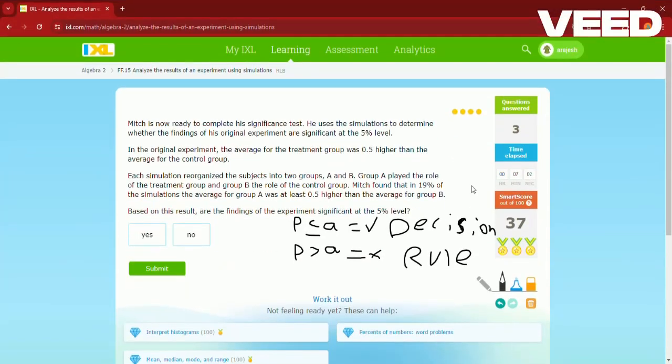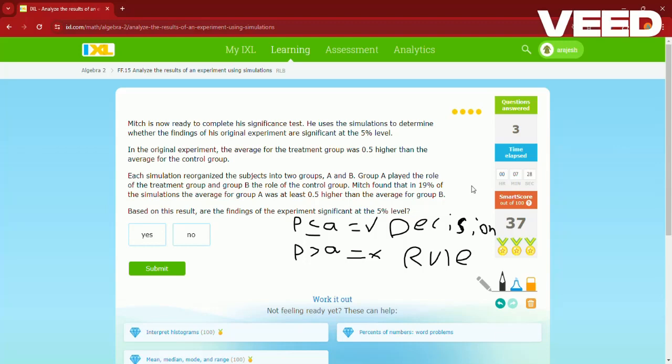Okay, so we're on part 1.4. Let's get to it. Mitch is now ready to complete his significance test. He uses his simulations to determine whether the findings of his original experiment are significant at the 5% level. In the original experiment, the average for the treatment group was 0.5 higher than the average for the control group.